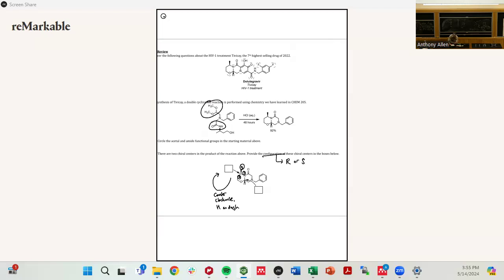So the implicit hydrogen is on the dash, so we don't... Oh, sorry. Thanks. Yep. Clockwise with H on dash. So that can stay as R.